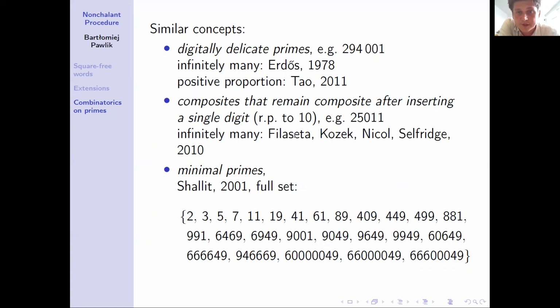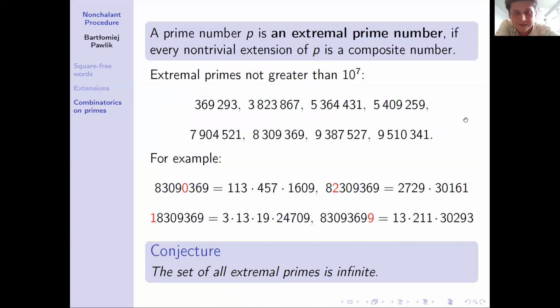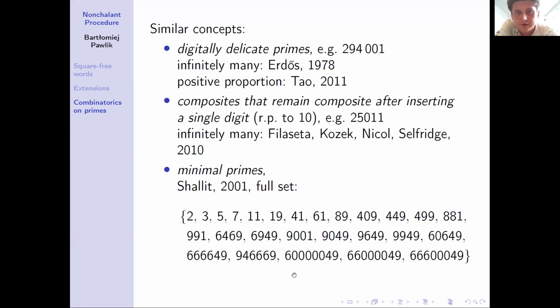And as far as I know, Vilaseta and Selfridge, I believe, did ask themselves the same question as our conjecture about primes, but I think that they don't have the answer yet.